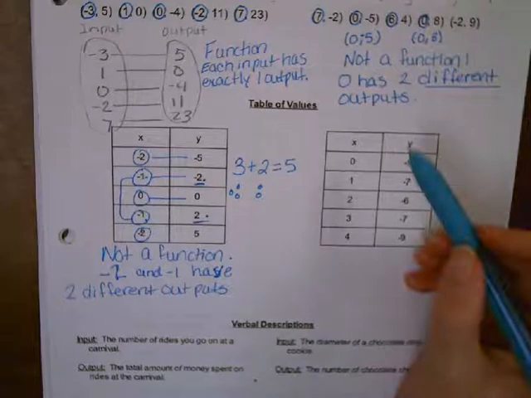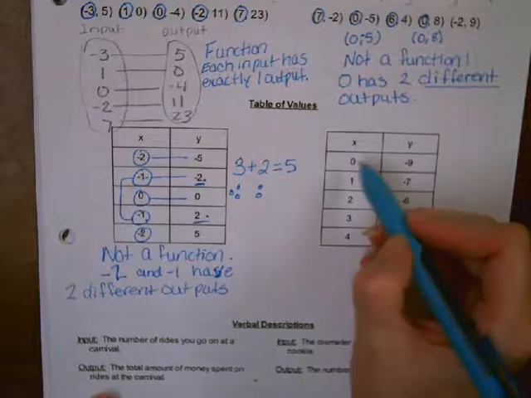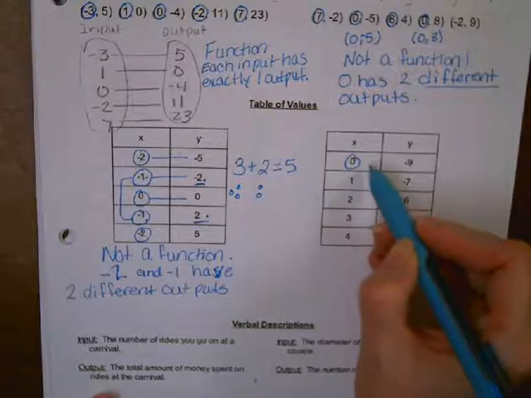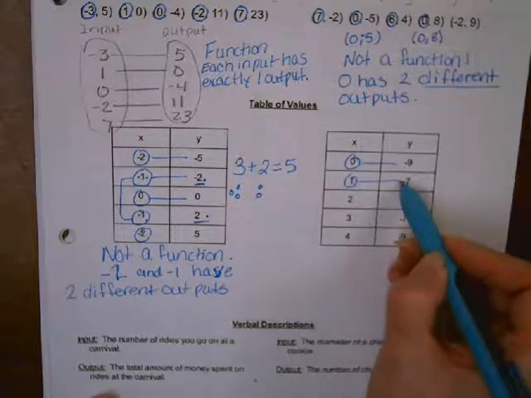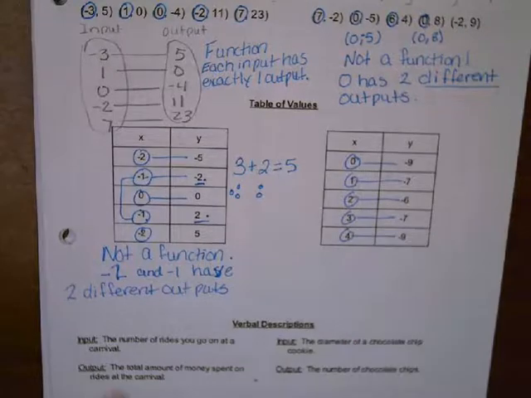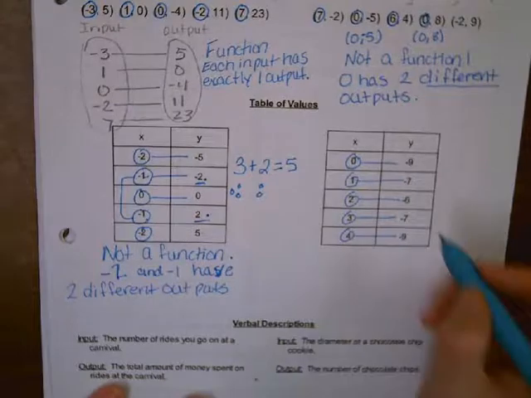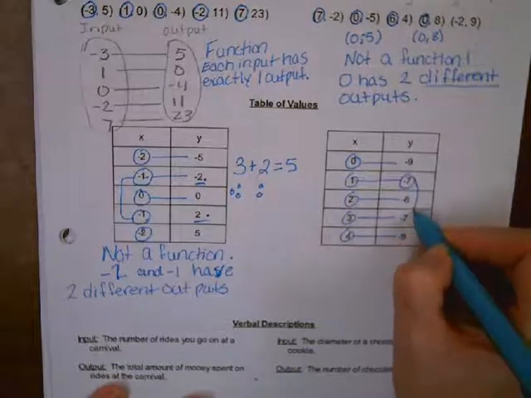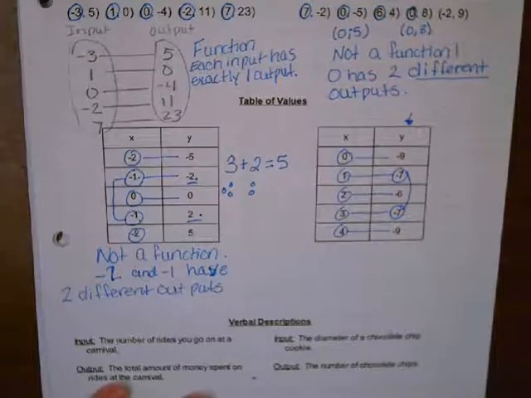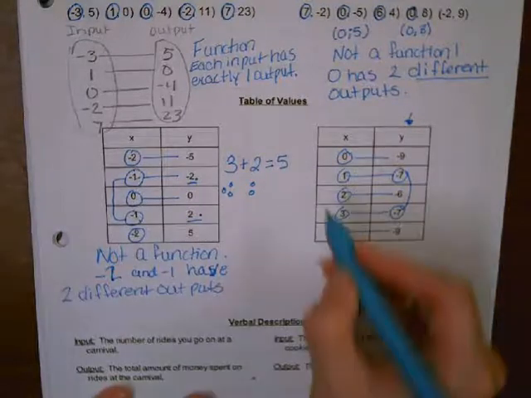All right, let's see what we get over here. 0, 1, 2, 3, 4. So none of my numbers repeat. That's a good thing. And they're all paired with something. That's a good thing. Even though they repeat in the y, it doesn't matter. It's the x's.